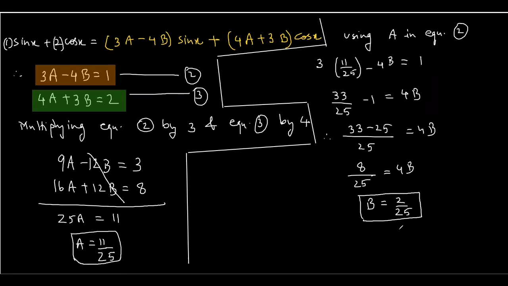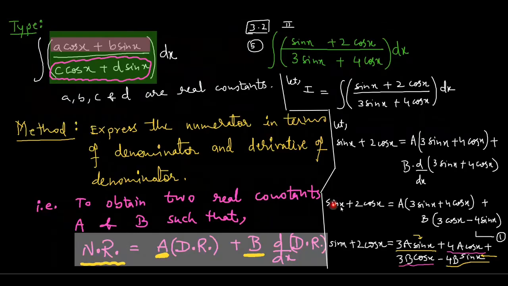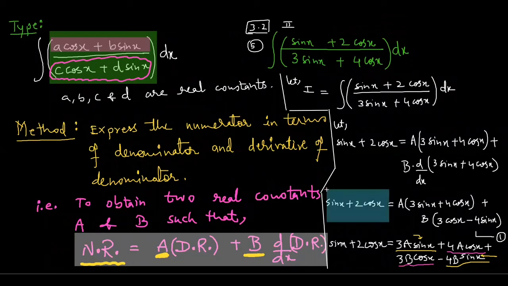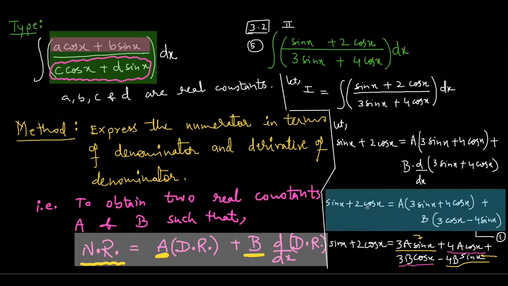What is next step, students? After getting the value of B and A, I will use this here. Please understand, this is the step where I'm saying the numerator is expressed as denominator and derivative of denominator. Remember, this is the denominator, and here what is this bracket?